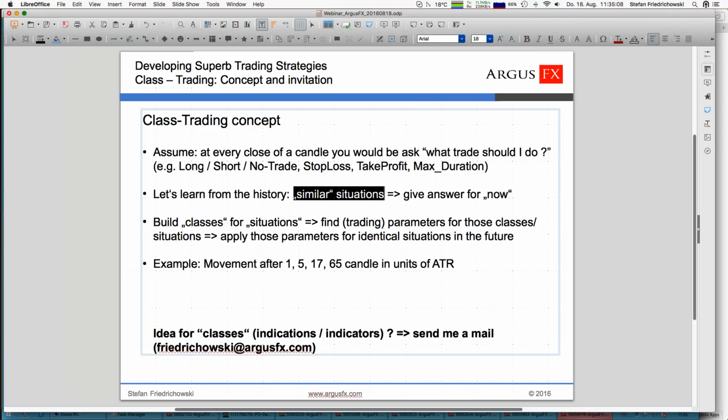So the close price from the previous candle compared to the close price of the current candle. And 5 means simply the close price from this candle to the close price 5 candles ago, and so on and so on. You see what kind of numbers I have taken here.